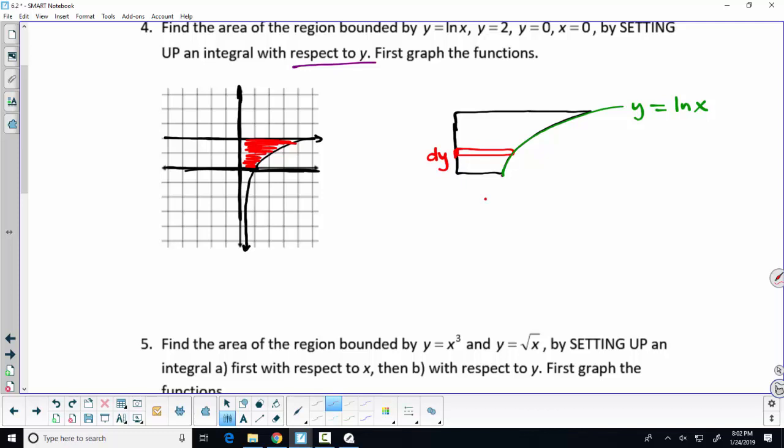So I can't integrate with respect to y and have this ln of x in here. We just have to solve y equals ln of x for x. If y equals ln of x, then x equals e to the y.